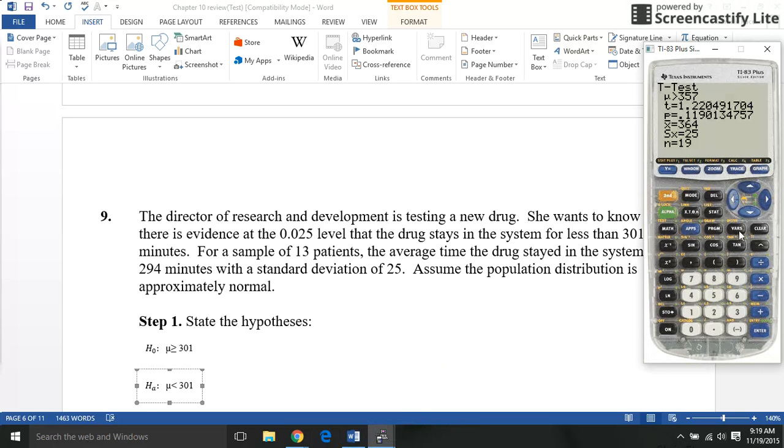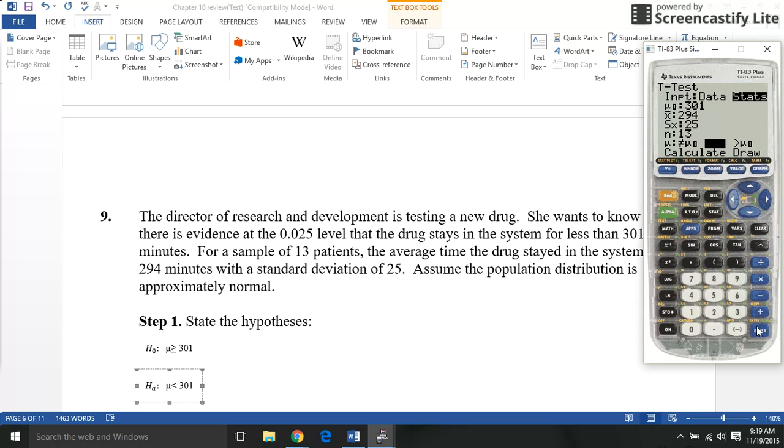So on stats, test over to t-test. Okay, so population mean is 301. Sample mean is 294. Okay, my sample standard deviation is the same, and my n is 13. What changes is, again, these hypotheses.